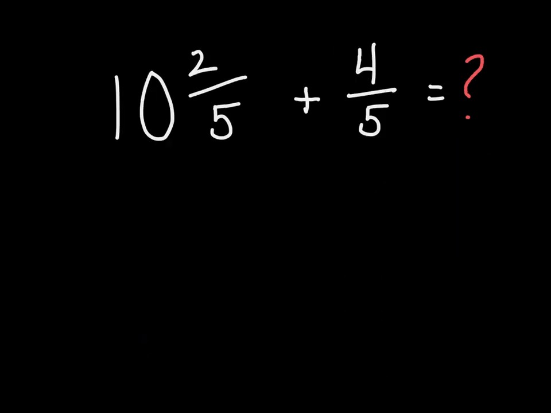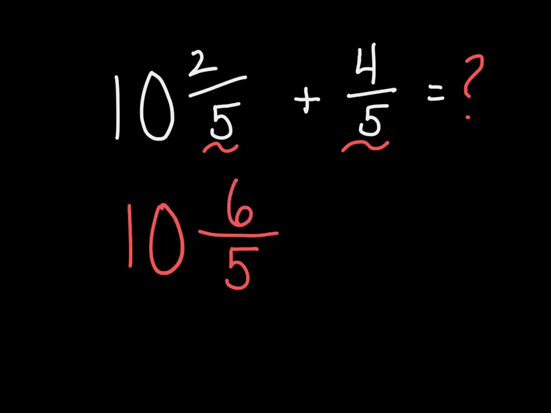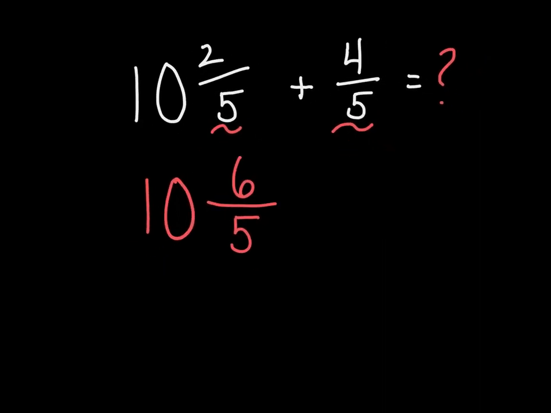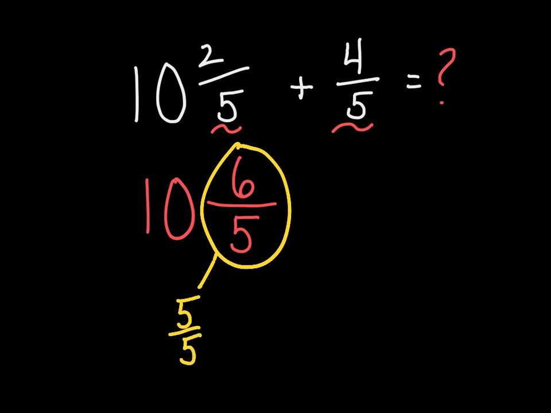Next one, 10 2/5 plus 4/5. So let's take down our whole and then set up our fraction bar. Our denominators are the same, so we keep that the same. 2 plus 4 is 6. So now we have an improper fraction in there. So now we have to take that improper fraction and pull out that whole, which is 5/5, and we're left with 1/5.